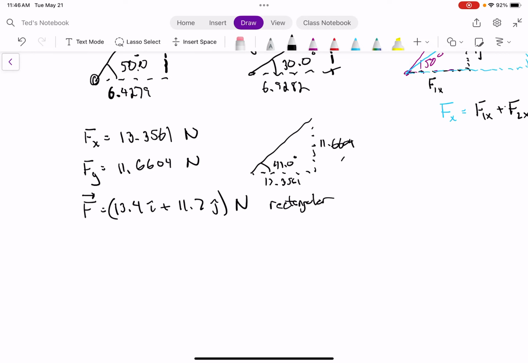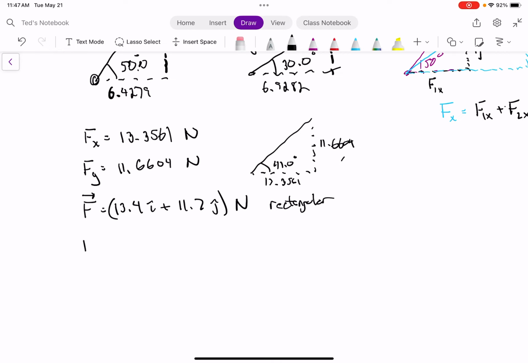Okay, and then I can also find the hypotenuse by using the Pythagorean theorem, the square root of 13.3561 squared plus 11.6604 squared equals 17.7.